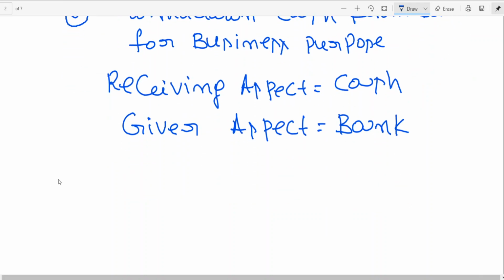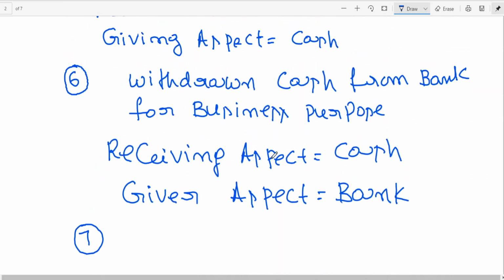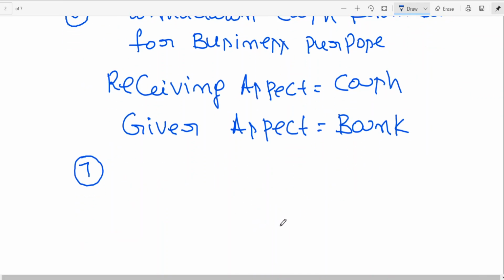The seventh example: withdrawn cash from bank for business purpose. Receiving aspect is cash. Giver aspect is bank. Next.